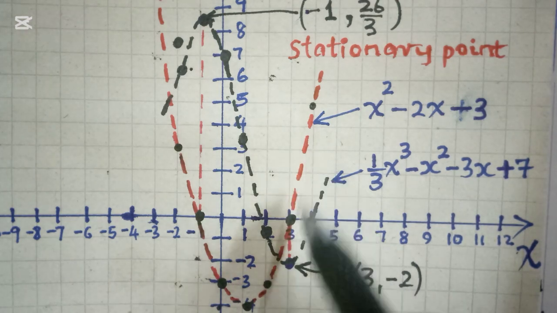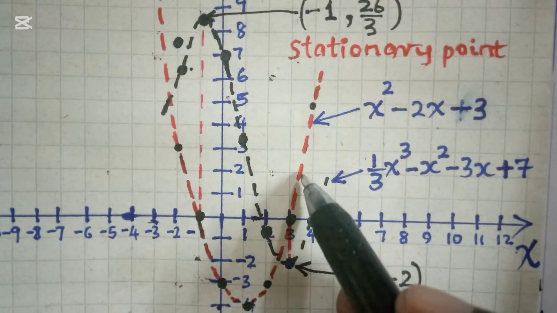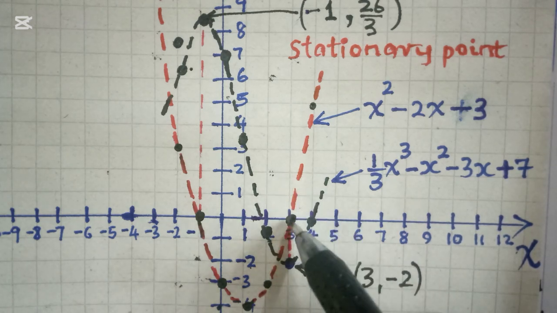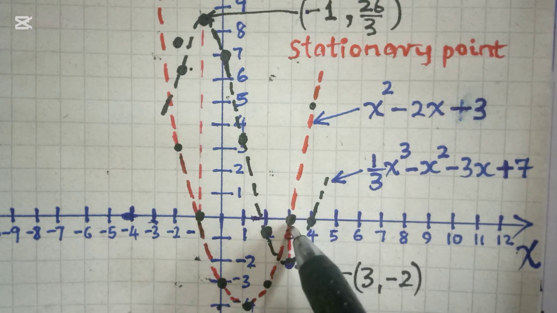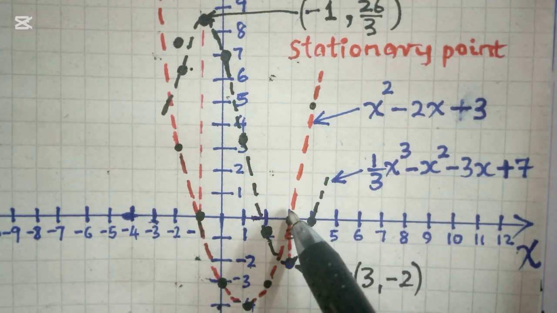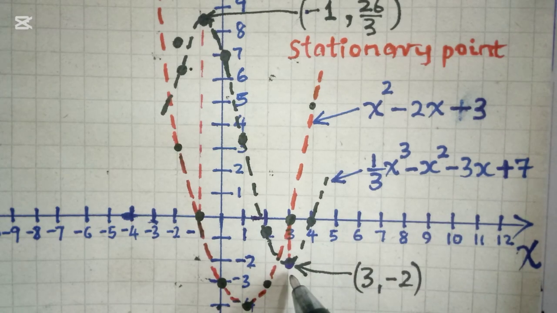So if we were to do another derivative, that is the second derivative, the derivative of this line will be positive. You can see the stationary point coincides with that line. So if we get the second derivative, it will be positive, and it means it represents the minimum point.